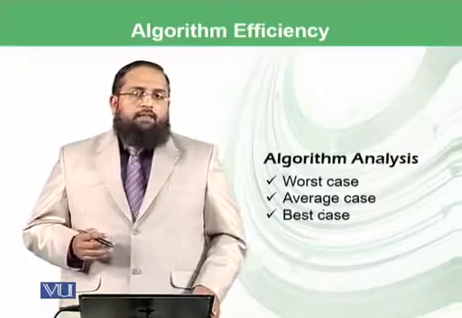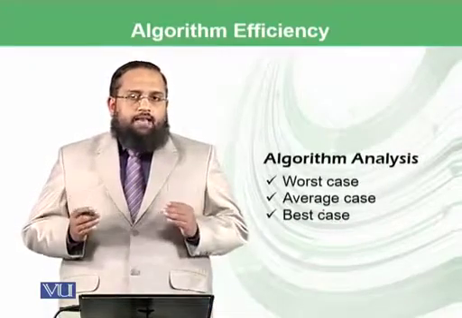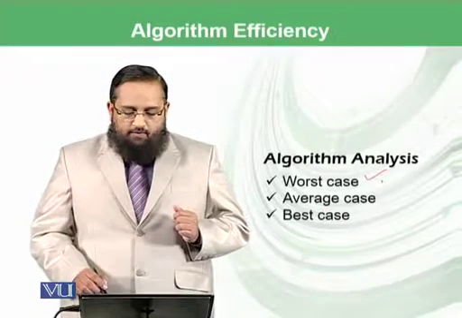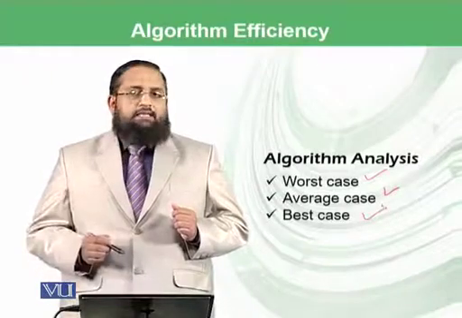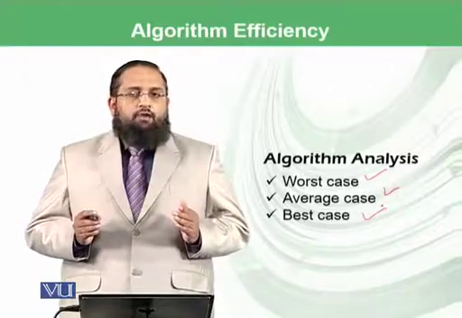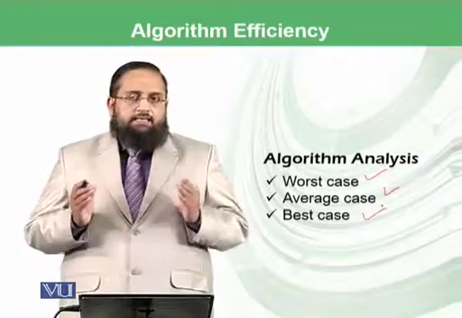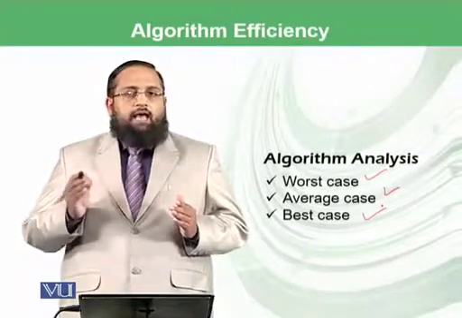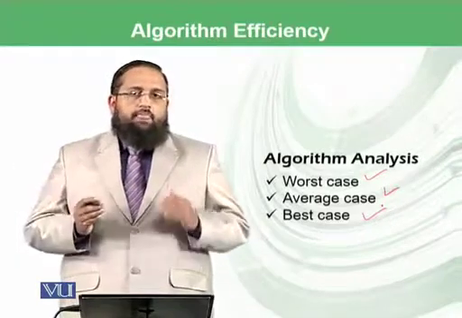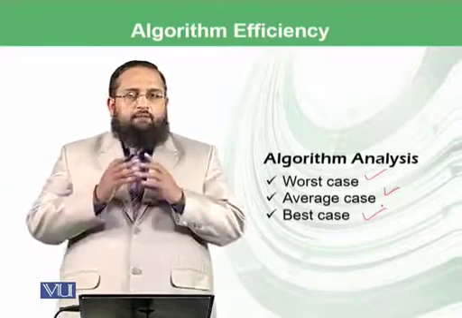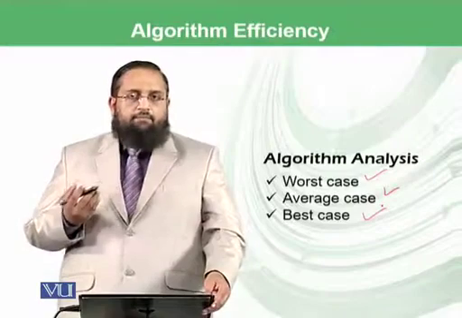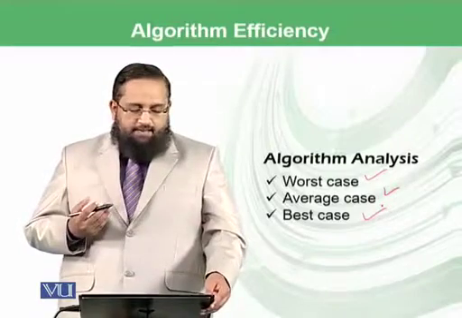Normally in computer science, an algorithm is analyzed in 3 scenarios: the worst case scenario, the average case scenario, and the best case scenario. In the example we have discussed, we have only discussed the worst case scenario, which means the element is present at the end of the list. Now let's see if the element is somewhere in the middle of the list, which is called the average case scenario.